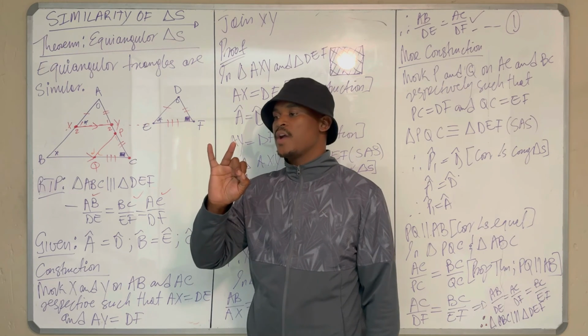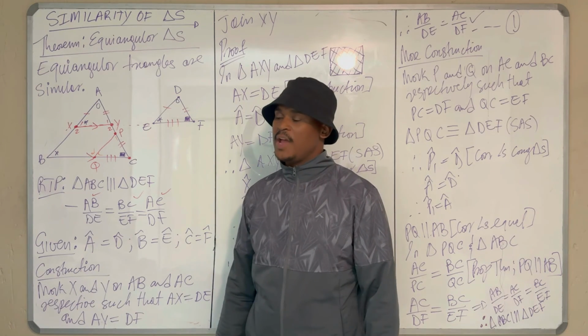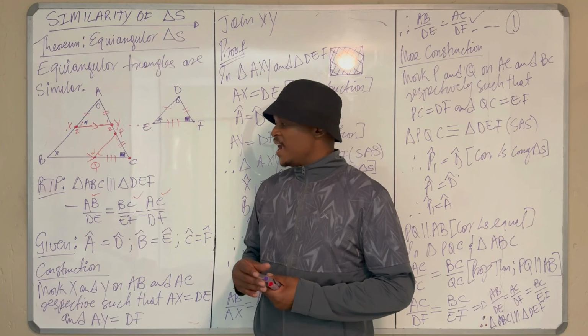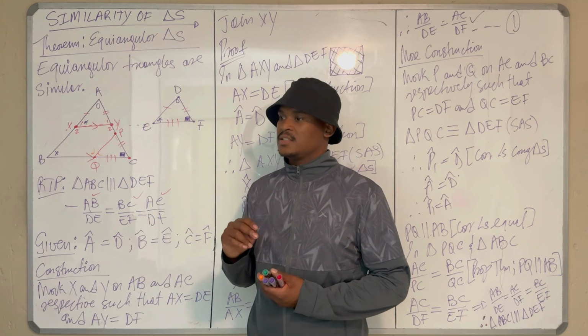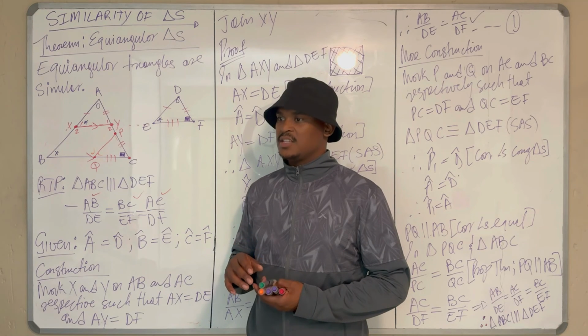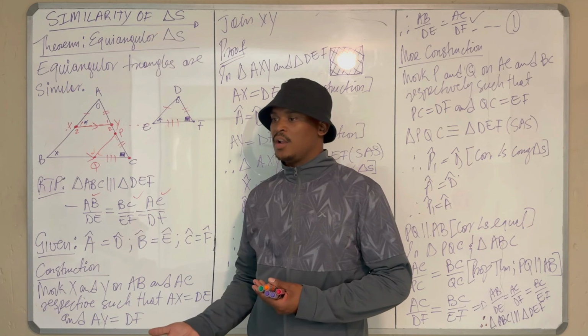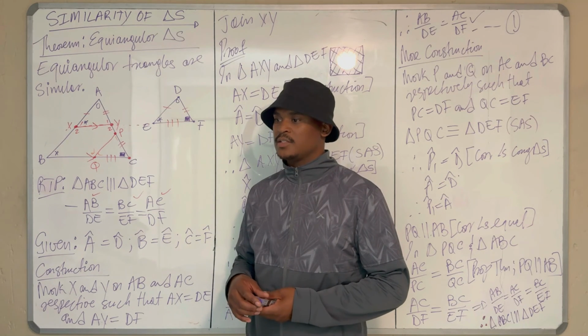Just two pairs will do the work. But if you want to flex, you can show all three pairs. So let's clean the board and emphasize that if two pairs of angles in two triangles are equal, then those two triangles are similar. So let's clean the board and we'll do it.